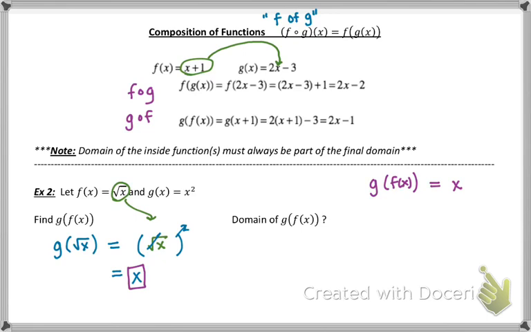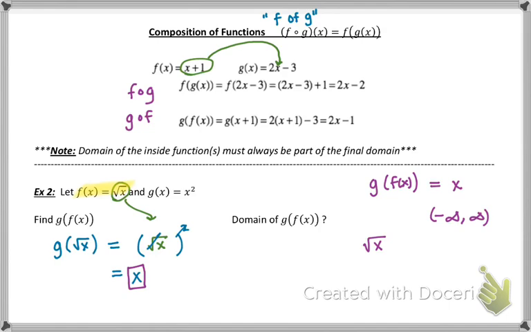However, because there was a restriction in my inside function, f of x equals the square root of x, that restriction has to apply, all right? So normally for y equals x, my domain would be from negative infinity to infinity, but because f of x is the inside function, we are restricted by what the domain for the square root of x is.